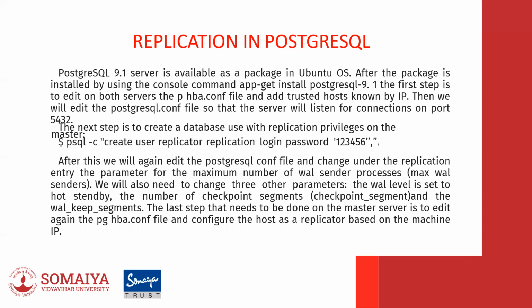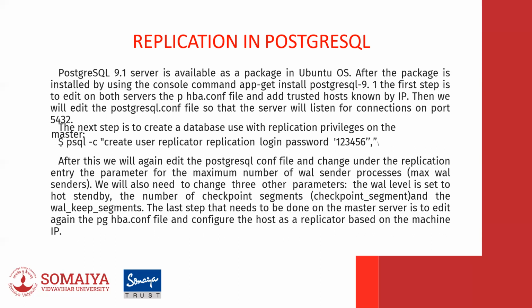The next step is to create a user with replication privileges on the master. After this, we will again edit the PostgreSQL configuration file and change, under the replication entry, the parameter for the maximum number of WAL sender processes.